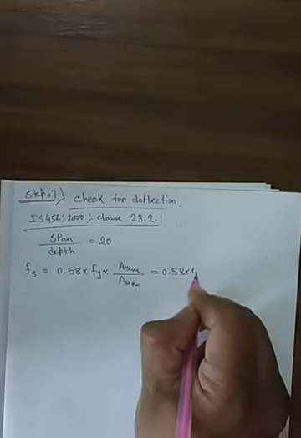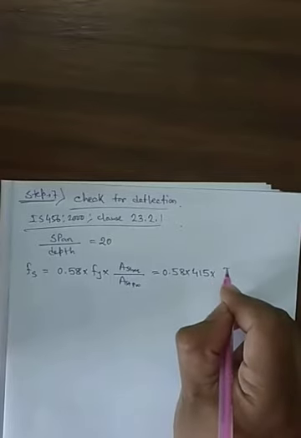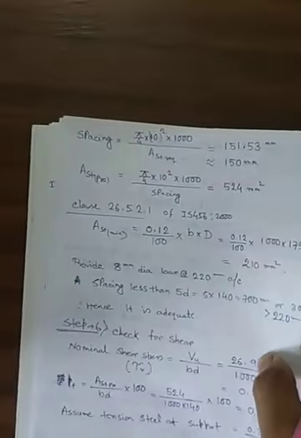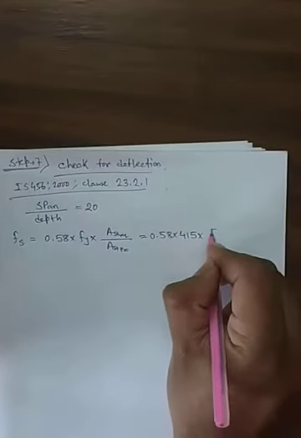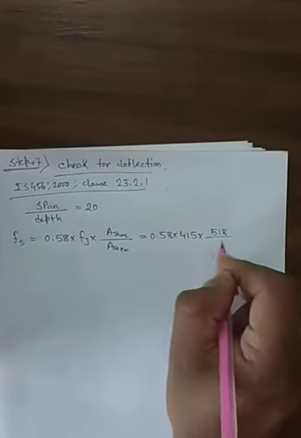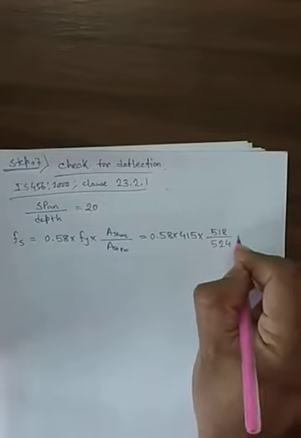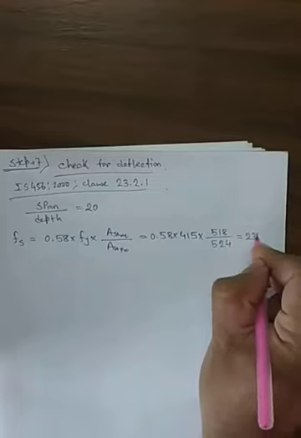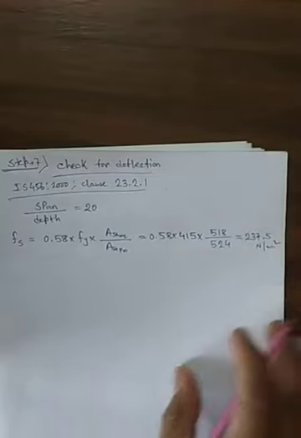Fy is nothing but 415 Newton per millimeter square into AST required. AST required was 518 and AST provided was 524, right? So this value comes 237.5 Newton per millimeter square.